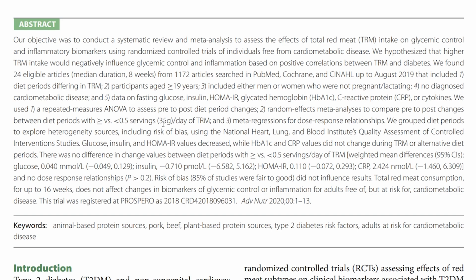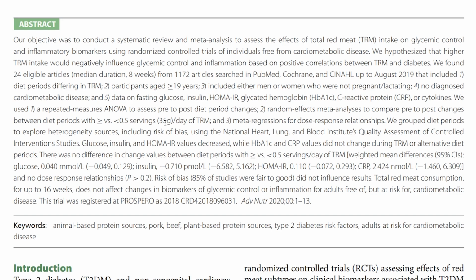We hypothesized that higher total red meat intake would negatively influence glycemic control and inflammation based on positive correlations between total red meat and diabetes. We found 24 eligible articles with a median duration of 8 weeks from 1,172 articles searched in PubMed, Cochrane, and CINAHL up to August 2019.